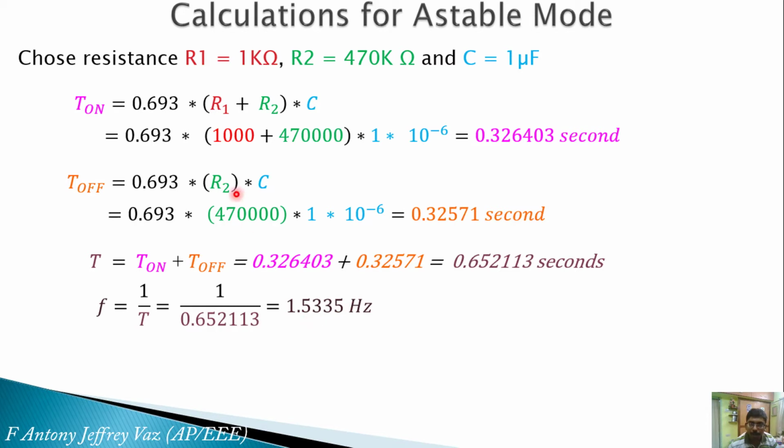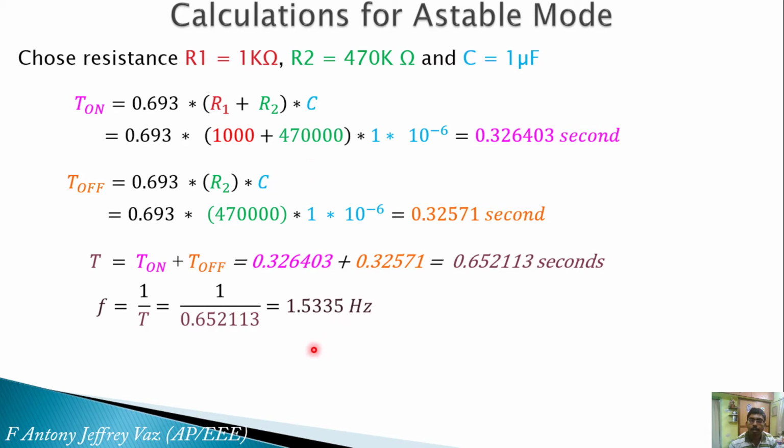Okay, when we use a resistance R1 of 1 kilo ohm, R2 of 470 kilo ohm and capacitance of 1 microfarad, we can generate a frequency of 1.533 Hz. If we want to generate a different frequency, like 10 kHz or some other, you can reversely calculate this in reverse order and find the resistance and capacitance.